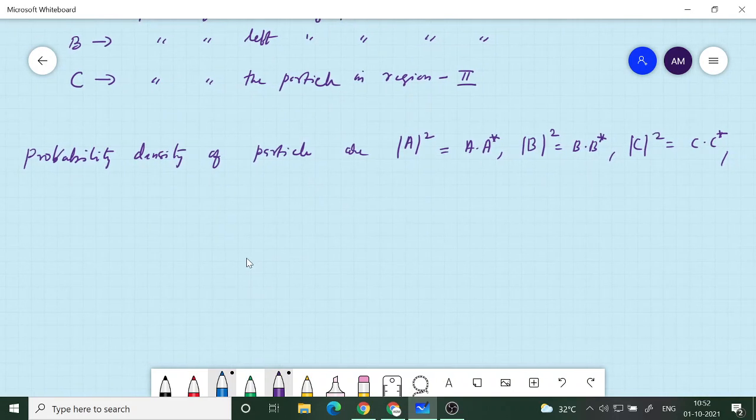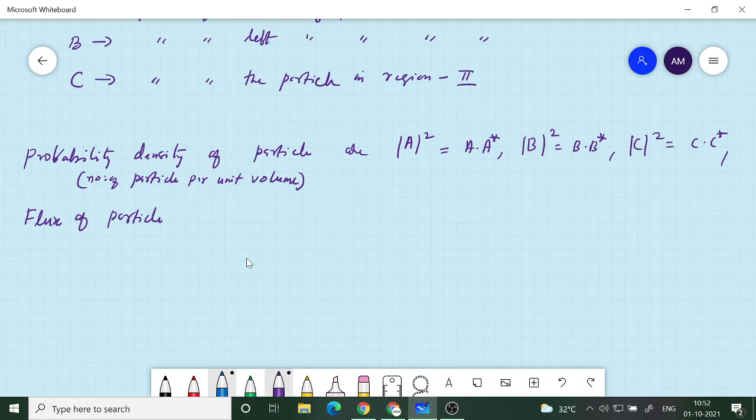Okay, so now we can talk about the flux of the particle. Probability density means what? It is the number of particles per unit volume. That's what we mean by probability density. So density is with respect to the position coordinate.